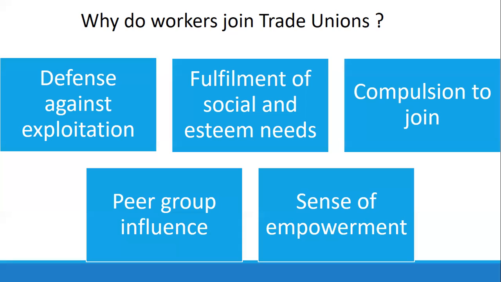In the same case, when an individual joins a particular trade union, he may feel that all his physiological needs and security needs will be met, followed by the social needs and esteem needs also. So the basic needs and the needs related to affiliation are possible to fulfill when individual workers join trade unions.